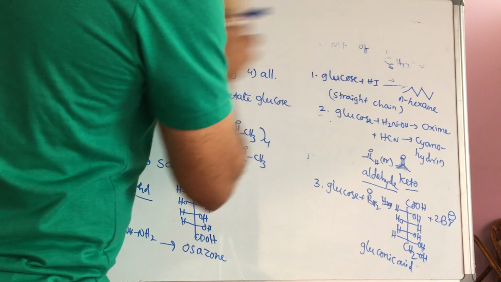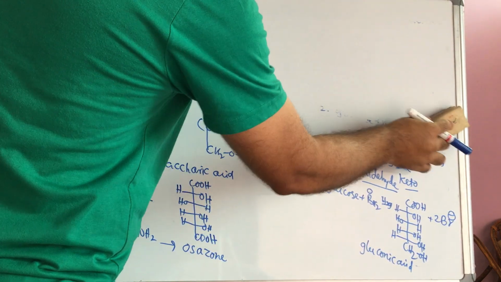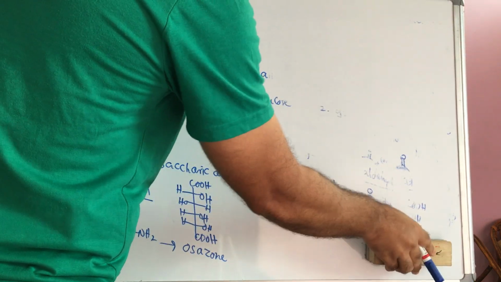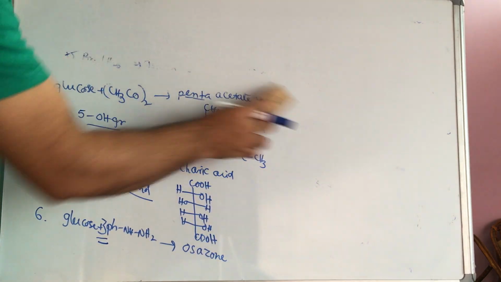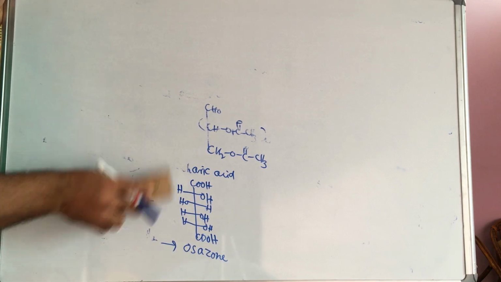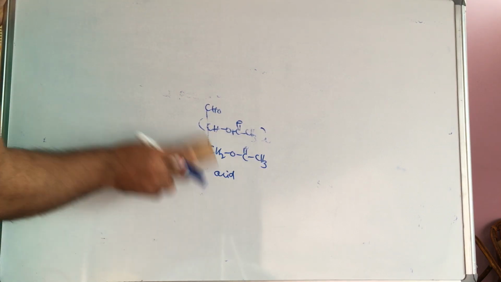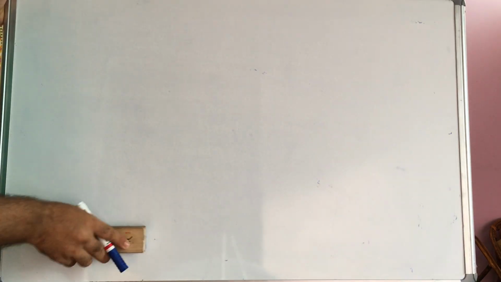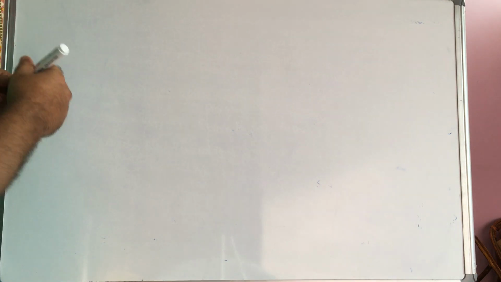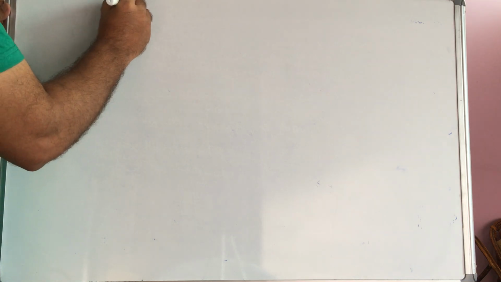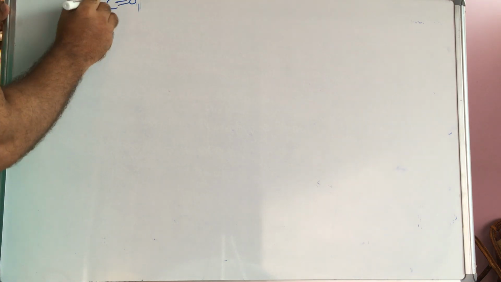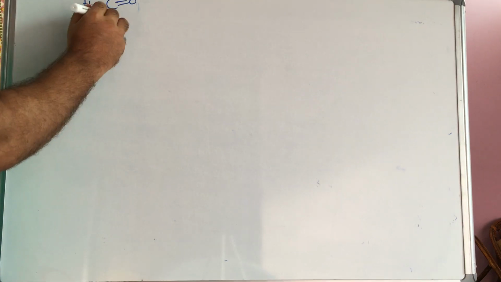Next, what is the structure of glucose? The open chain structure was proposed by a scientist named Baeyer. He gave the open chain structure based on these 6 properties and also some other properties, which are beyond the scope of our syllabus, so I am not discussing them here. The open chain structure has C double bond O as the aldehyde group.